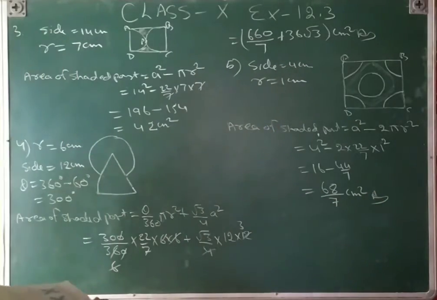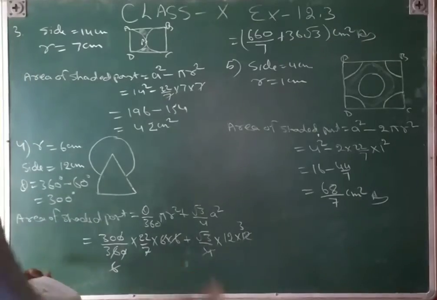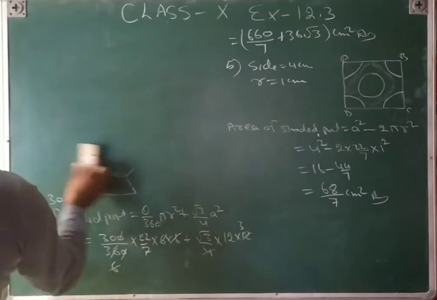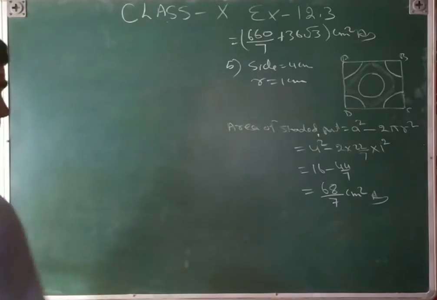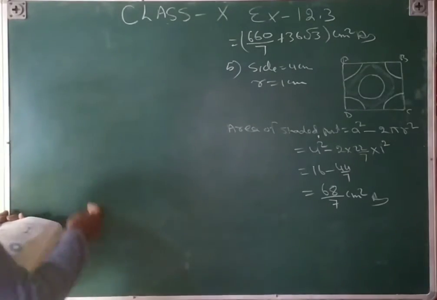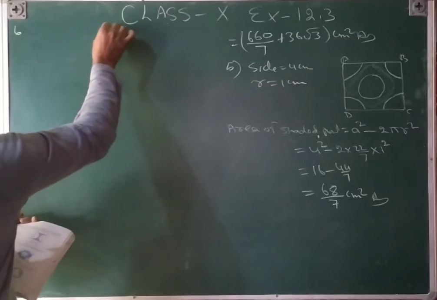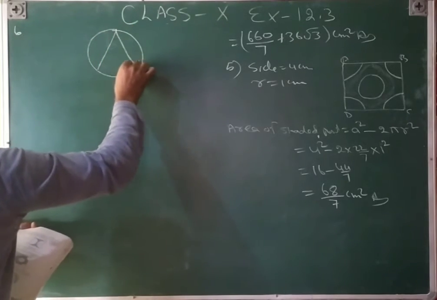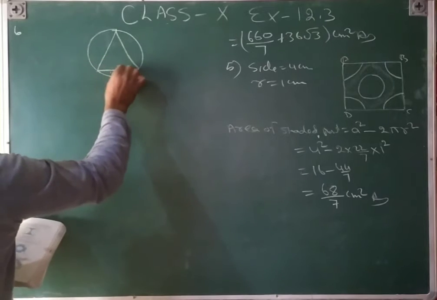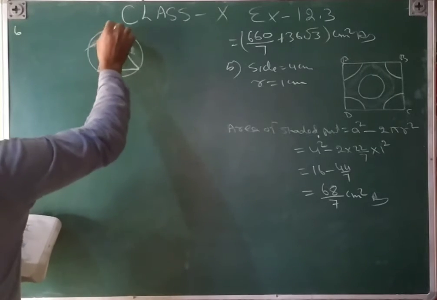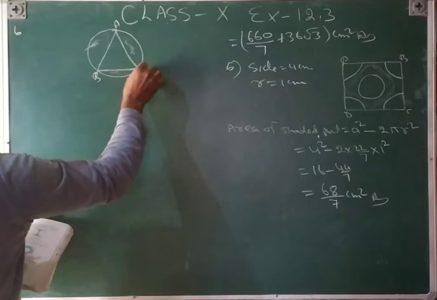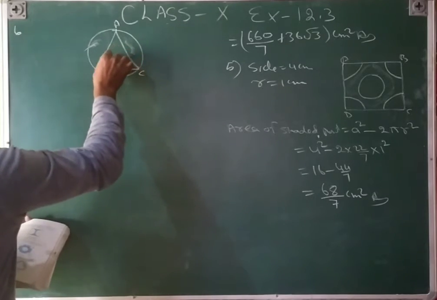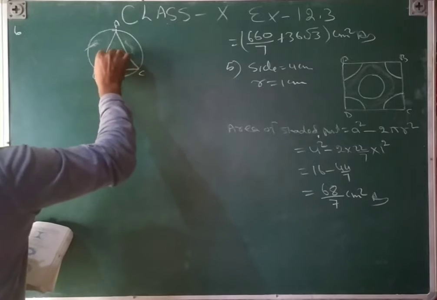And then question number 6, that is just a lengthy type of question, or just the most difficult of this exercise. See the diagram. We need to find the area of this part, A, B, C. The radius is also given, 32.